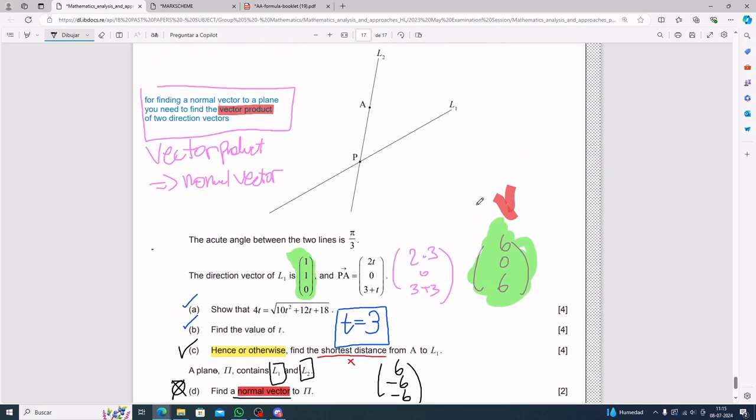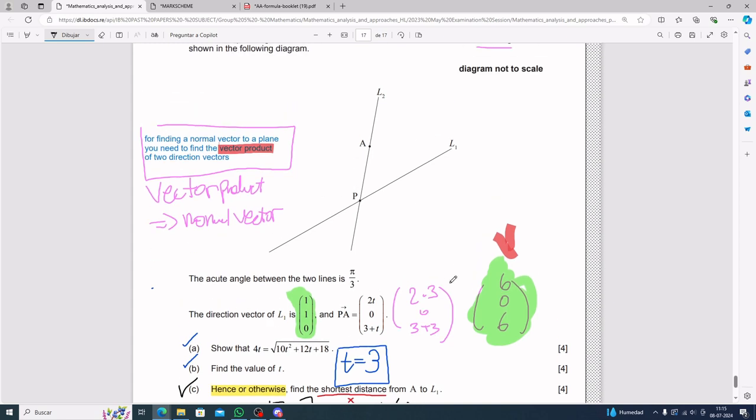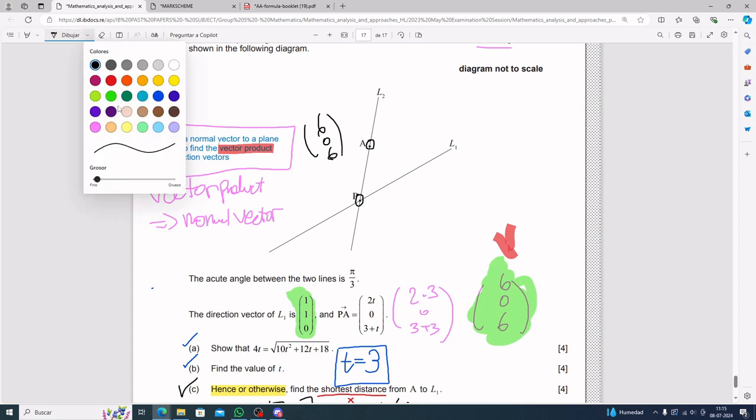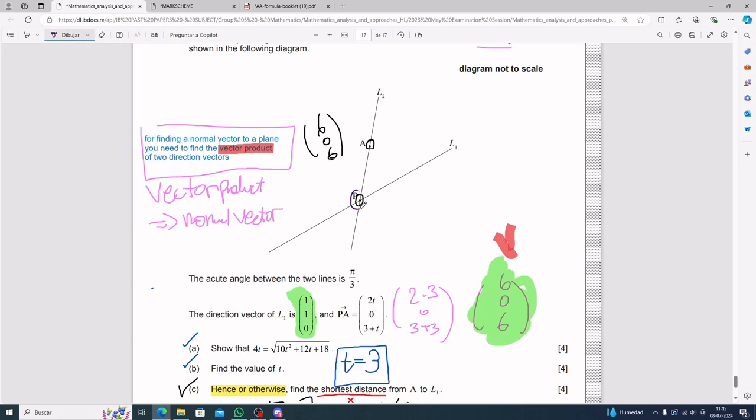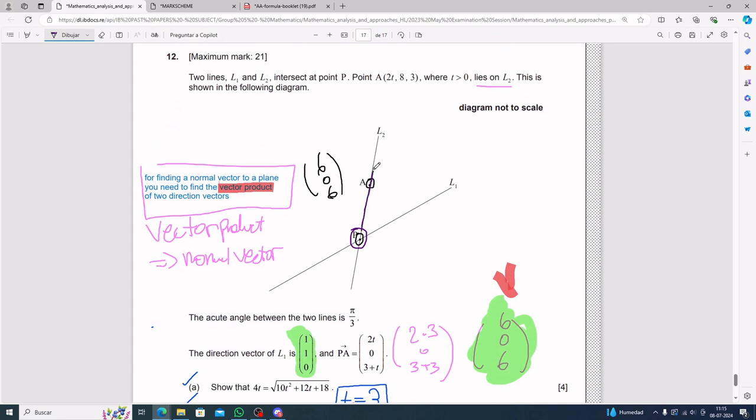Now, there is one observation I have to make: for the direction vectors, all you really care about is the proportion. In this case, they told us that the direction vector of PA, from here to here, was 6, 0, 6. But if I found the direction vector from P to some point that I make up, like B all the way up there, it would probably end up being something like 12, 0, 12.